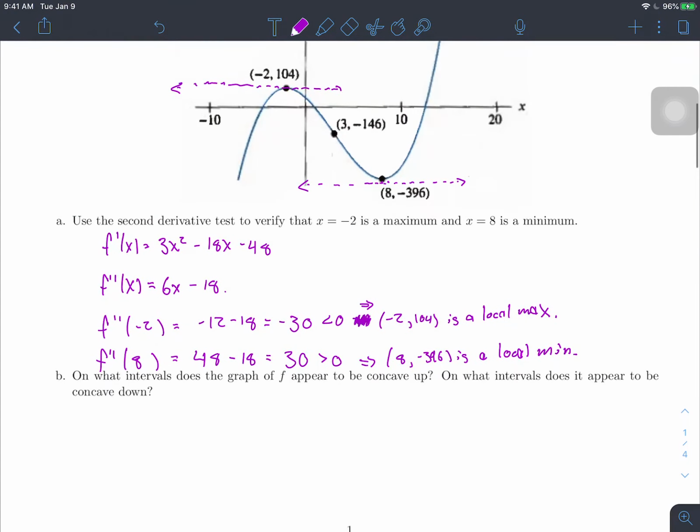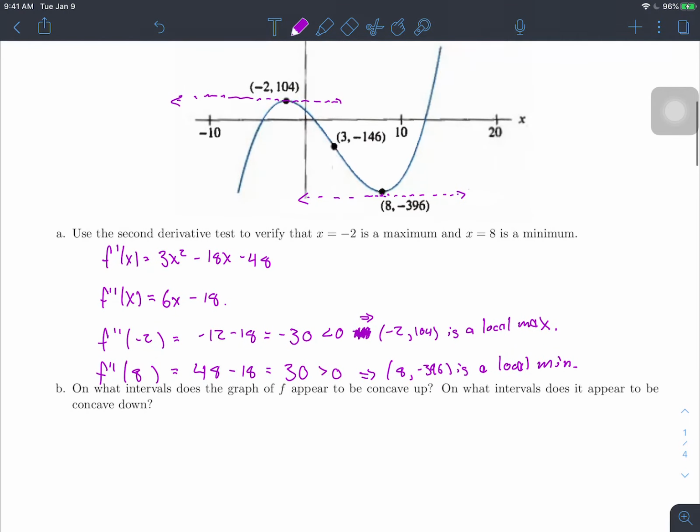So now let's consider part B. We want to understand the intervals on which the function f appears to be concave up or concave down. Let's think about that. I'm going to erase this stuff so it's a little bit more clear. What do we think? Where are we concave up?